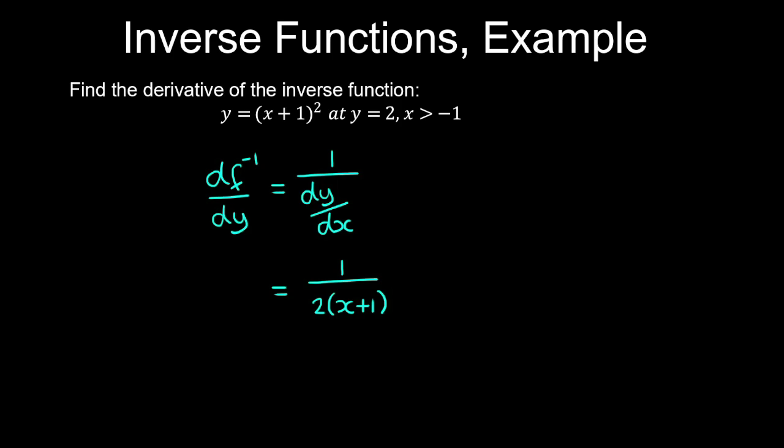So therefore, if we solve this equation for x, we get the following expression. And we're given a condition that x is greater than -1, so we'll take the positive root. So at y equals 2, x is equal to -1 plus root 2.